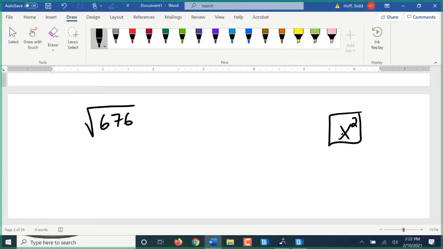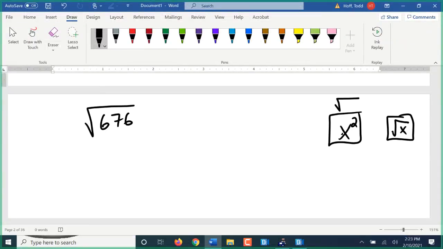Most calculators, the Texas Instruments at least, square root then is the second function above that key. If you have an older calculator, a one-line display calculator, it has its own key. Square root has its own key just above the number pad, just like that.